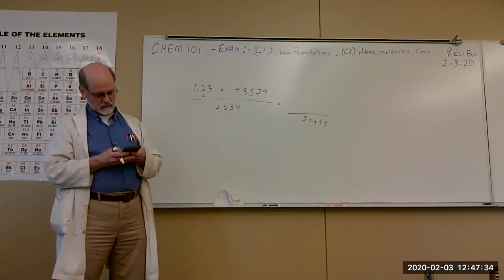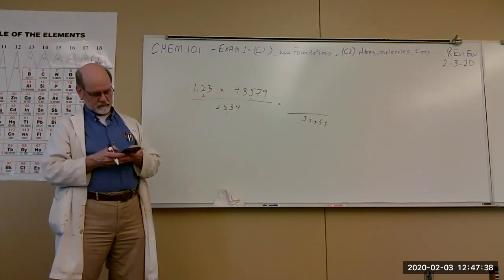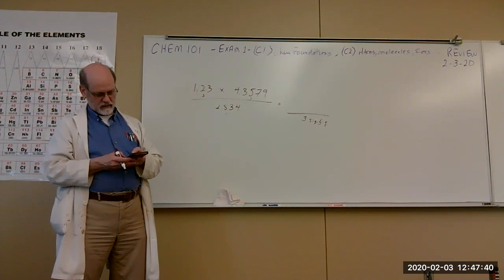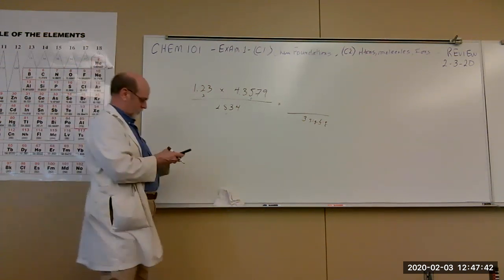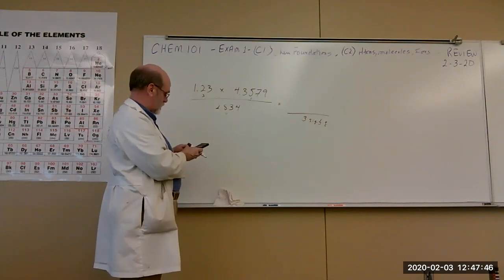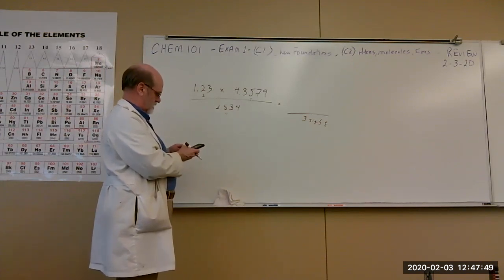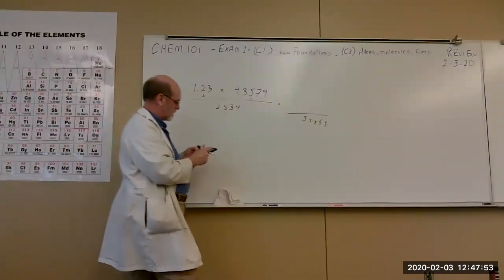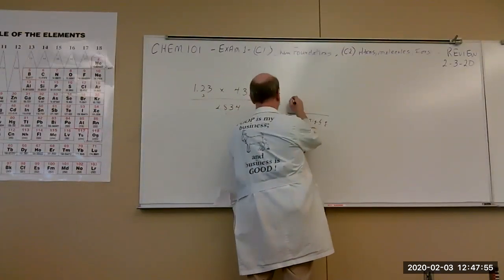Display. Scientific. Okay, now I'm gonna try again. 1.23, 4.35, 2.84 divided into that. And my calculator spit out this stuff.